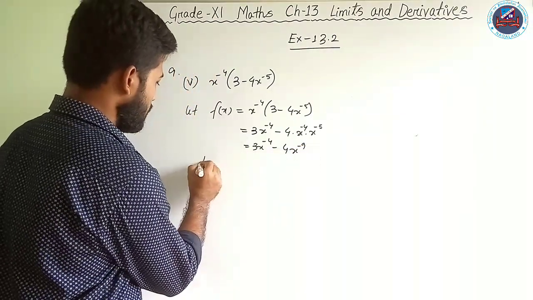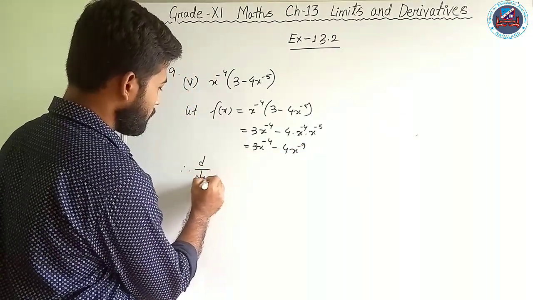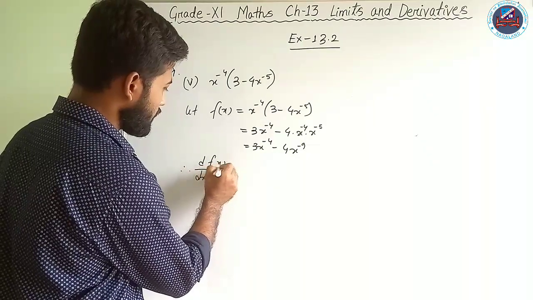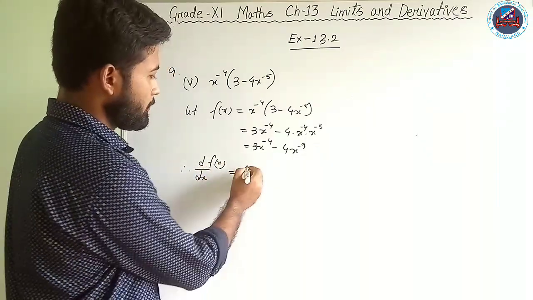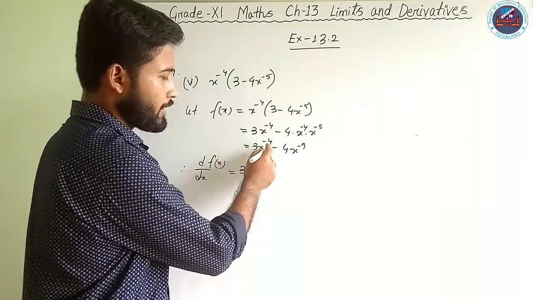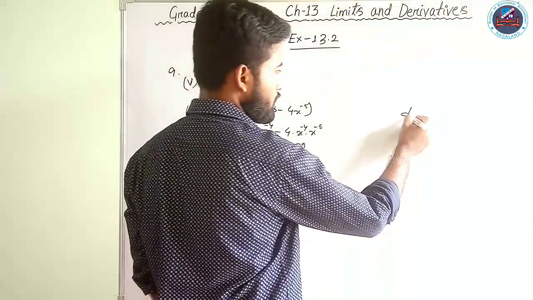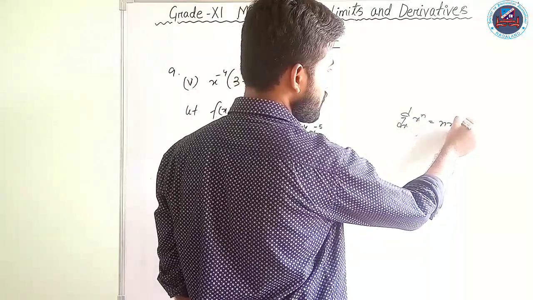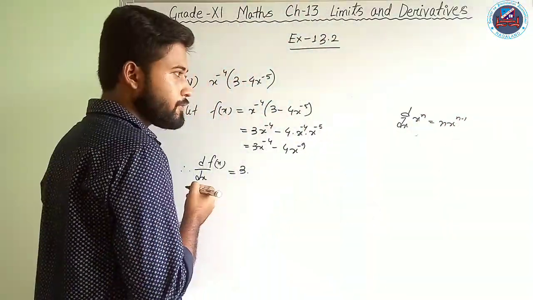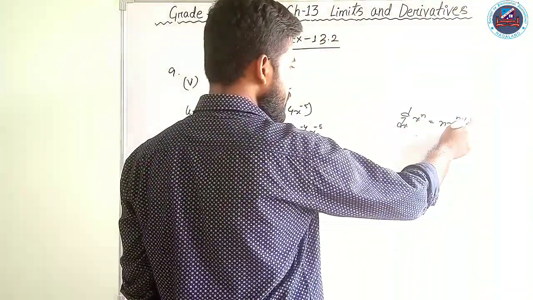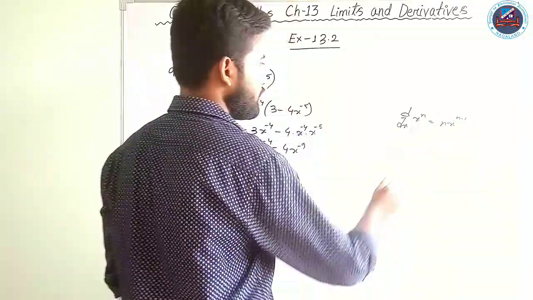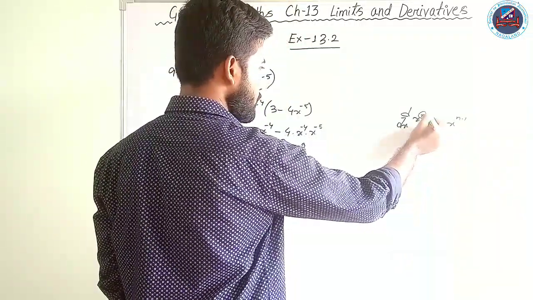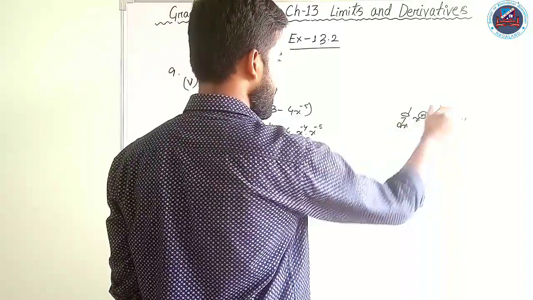Therefore, the derivative will give us 3 into x^(−4) differentiated. Our formula was d/dx of x^n equals n x^(n−1). Now in place of n we have here −4.